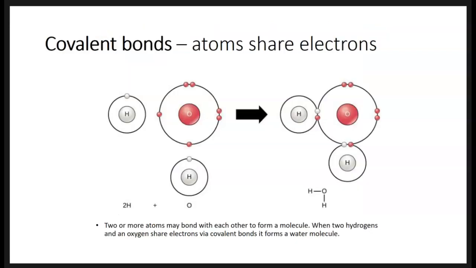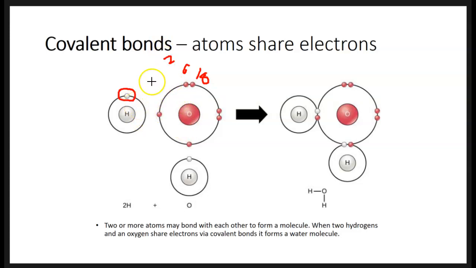So how do these bonds work? Covalent bonds are when atoms share electrons between 2 different atoms. Since atoms like to have that full outer electron shell, and hydrogen has just 1 electron, while oxygen has 6 out of 8 in that outer electron shell: if oxygen is able to gain 2 electrons, it's got a full shell.